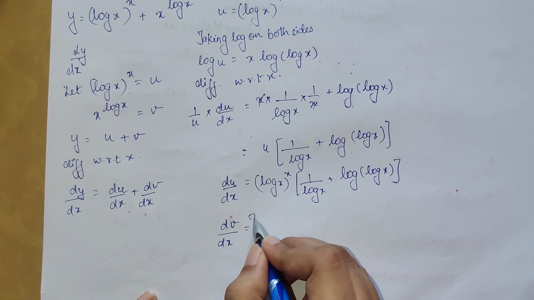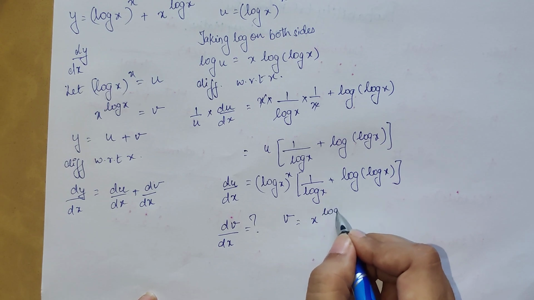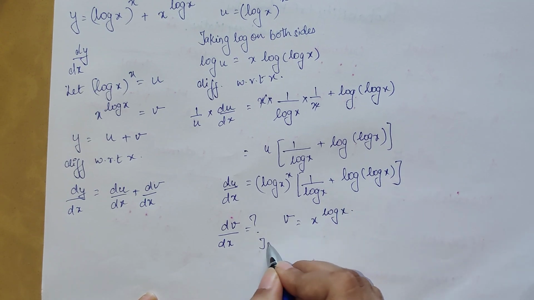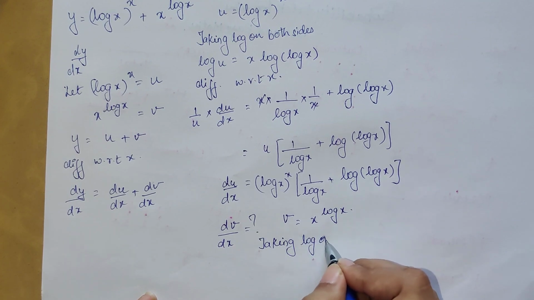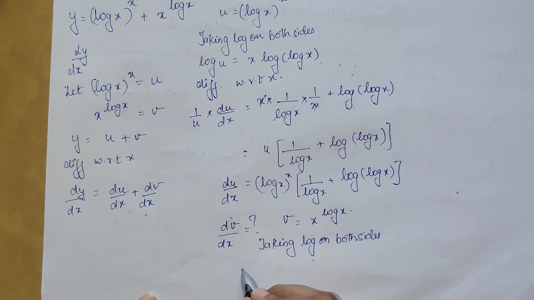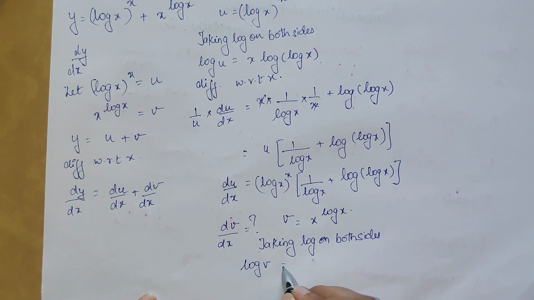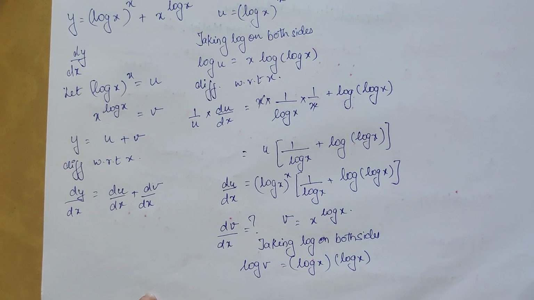So similarly, what should be your dv by dx? Okay, so now we know that v is equal to x raised to log x. So taking log on both sides, log v gets us log x into log x.